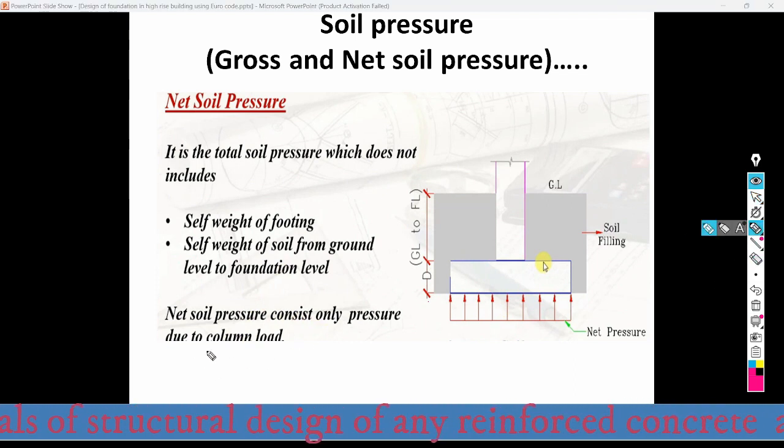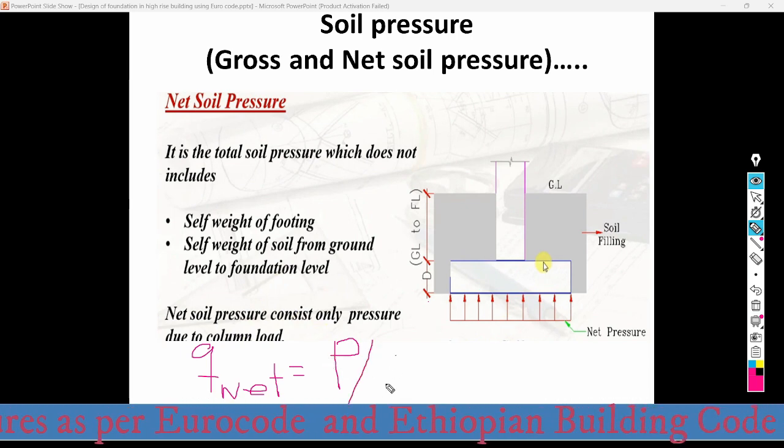So the net soil pressure, that is Q net, equals P, the columnar load, over the area of the footing. This is what we call the net soil pressure.